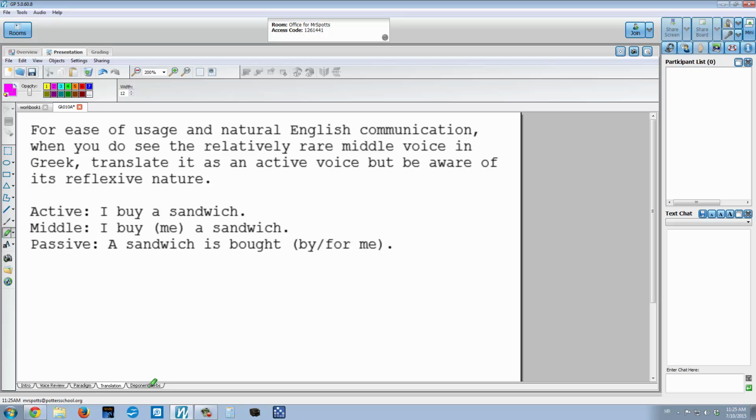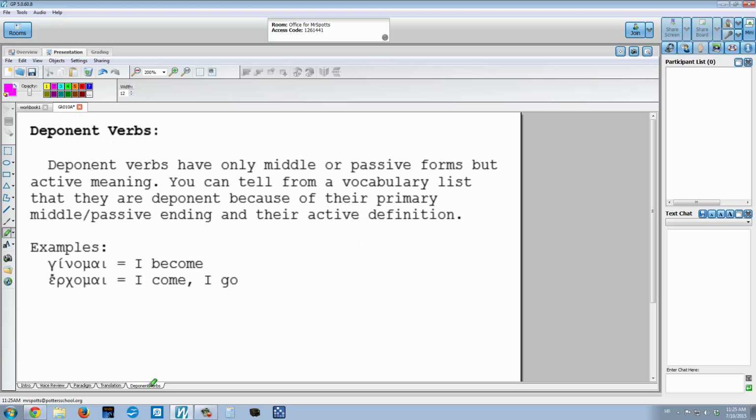Now, we have one more group of verbs that we want to meet here, and they are called deponent verbs. Deponent verbs are a little bit special. They only have middle or passive forms, but they have active meaning. And you can tell from a vocabulary list that they are deponent verbs because of their primary middle or passive ending, see the omai, and because of their active definition.